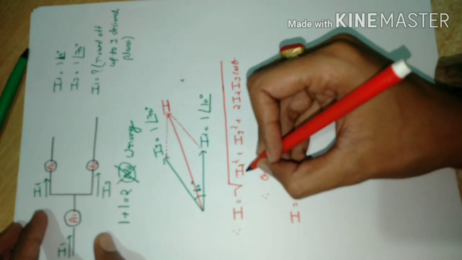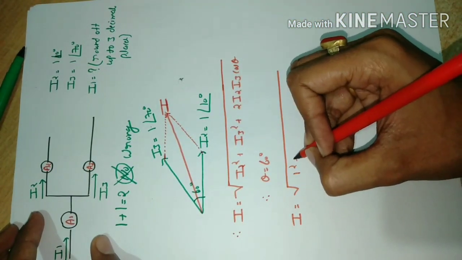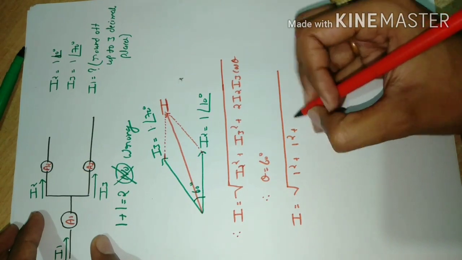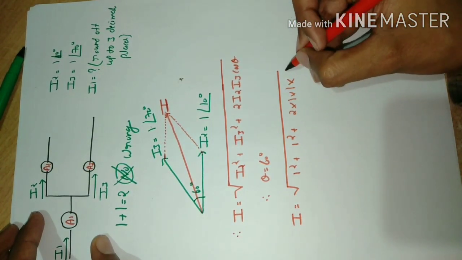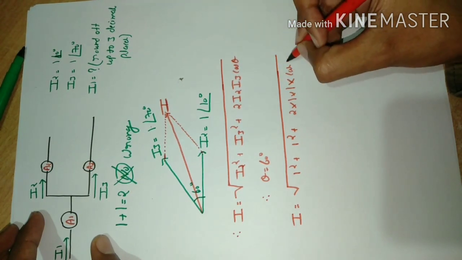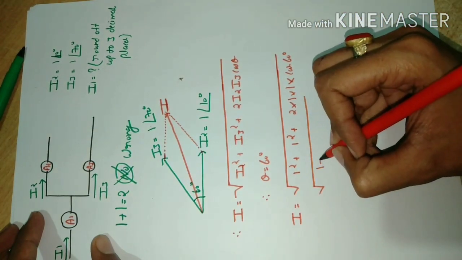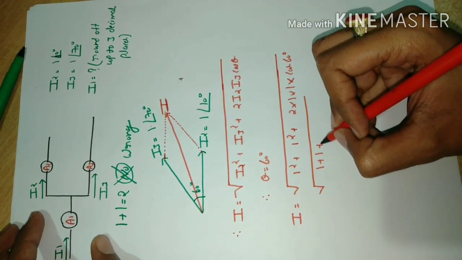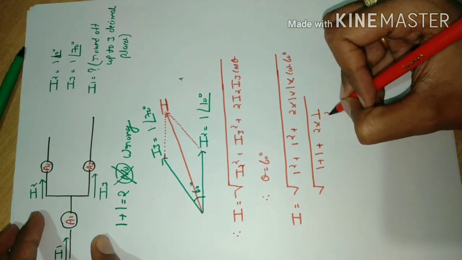The magnitudes of I2 and I3 are 1. So 1 square plus 1 square plus 2 into 1 into 1 into cos 60, which is 1 by 2.